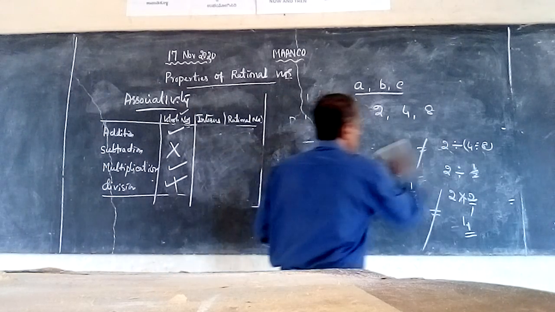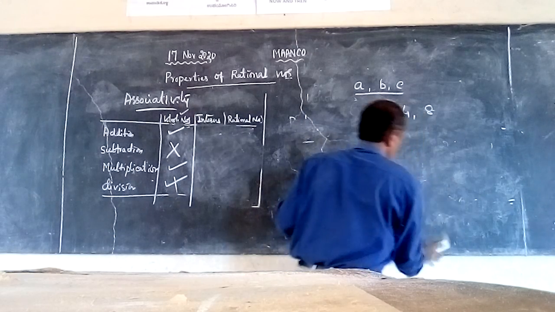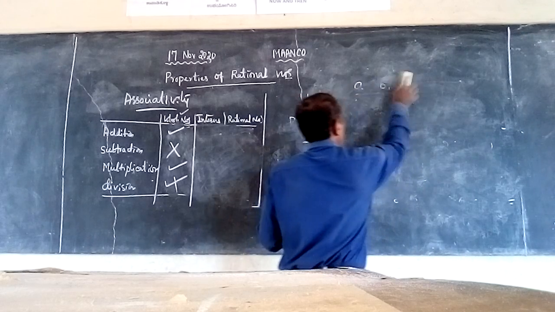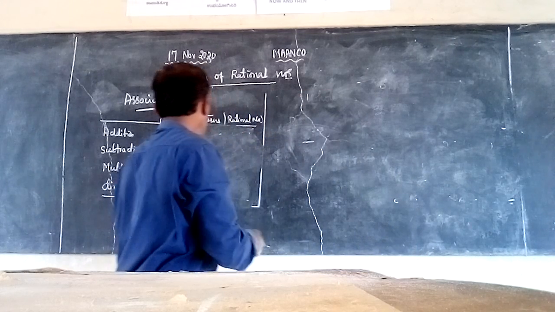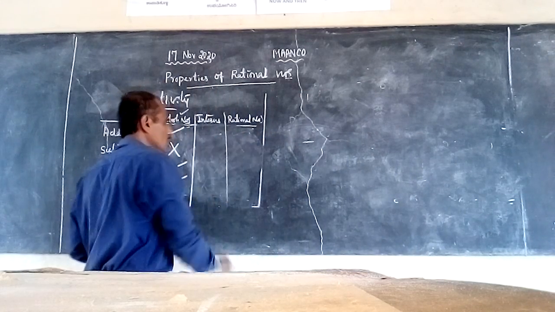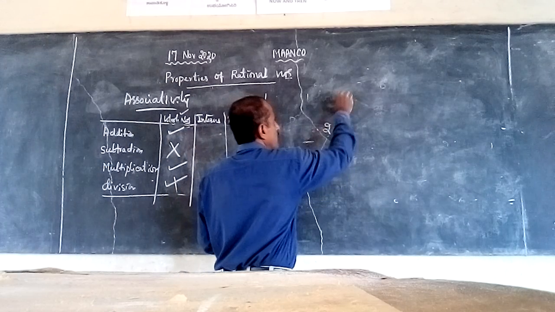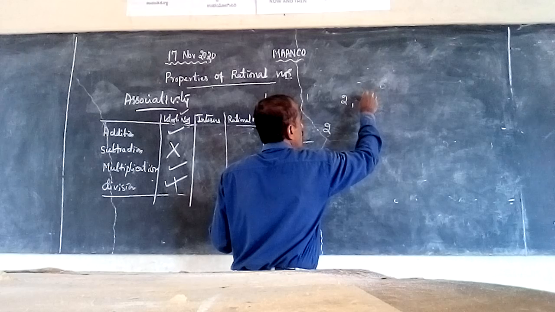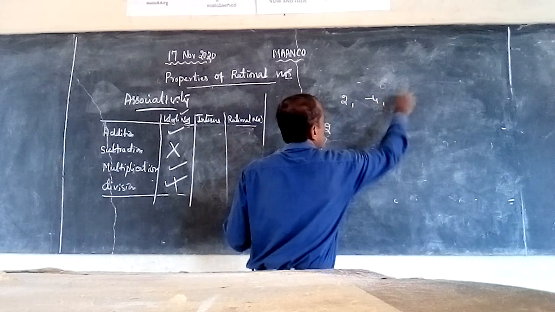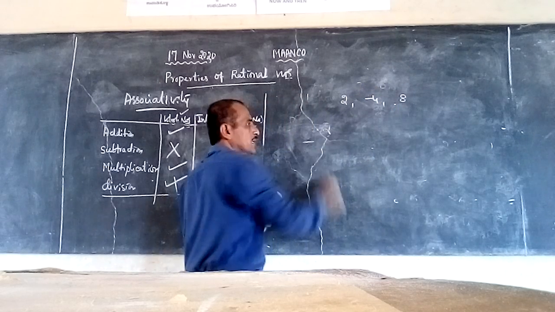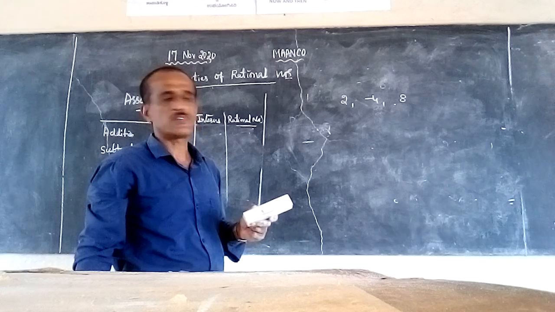Like that, we will check for integers and rational numbers. Let us check for integers. Let us take three integers as 2, minus 4 and 8. Whether (a plus b) plus c is equal to a plus (b plus c).